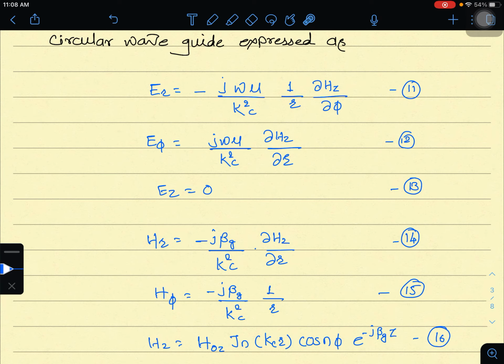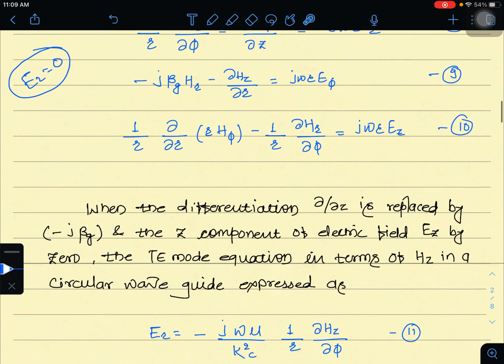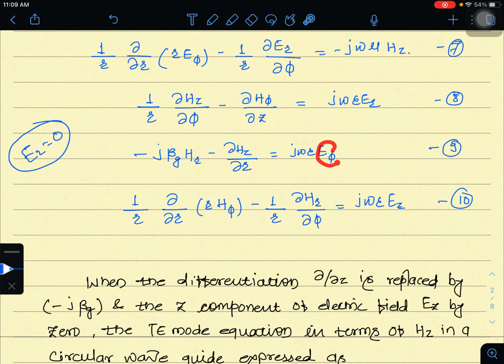What is the value of k²c? The k²c is nothing but ω²με minus β²g. That means this is the replacing term: k²c is equal to ω²με minus β²g.